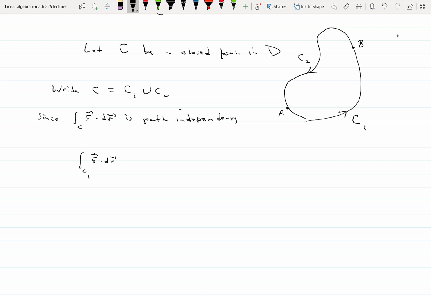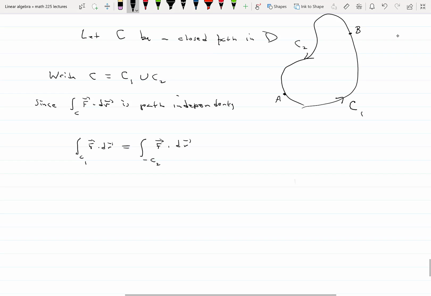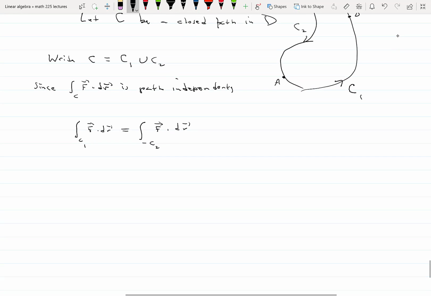C2 is going in the wrong direction. C2 is going from B to A, so it's equal to the integral along the opposite of C2. Remember, the integral along the opposite of a curve just moves along the curve in the opposite direction. Okay, so the curve C1 and the curve opposite C2 are both going from A to B. So the integral's path independent, so the integral along each of those curves should be the same.